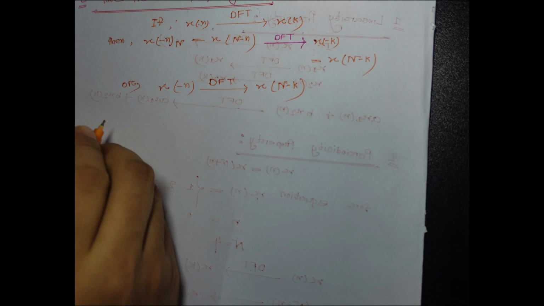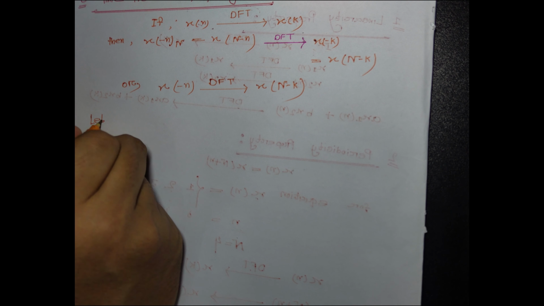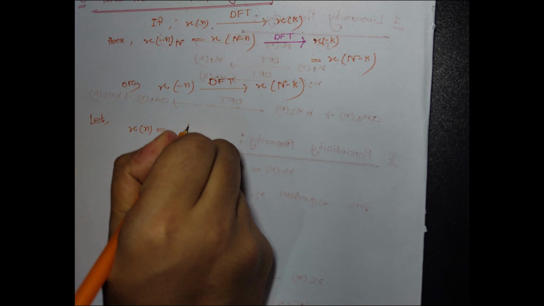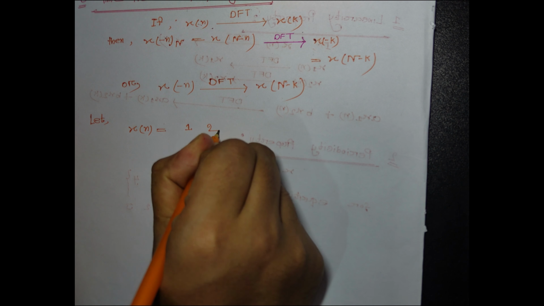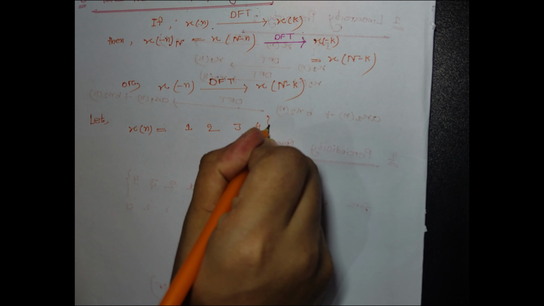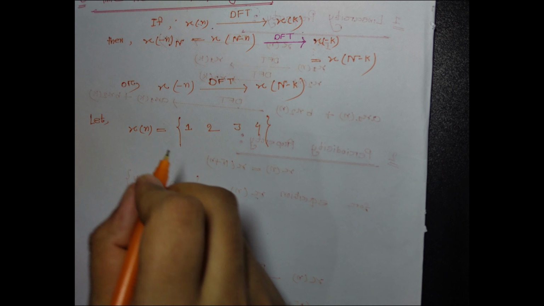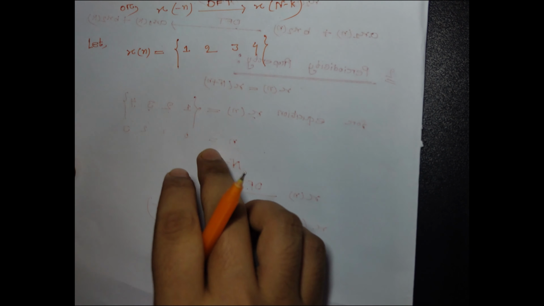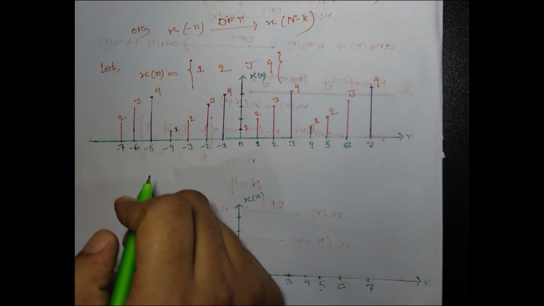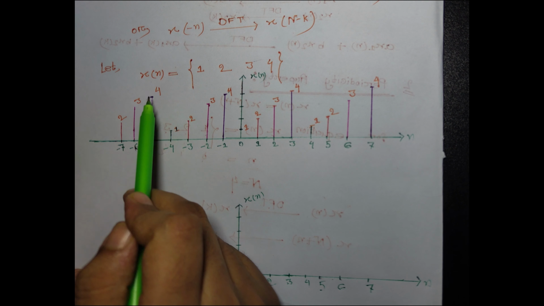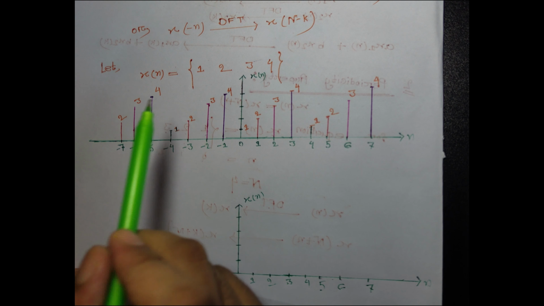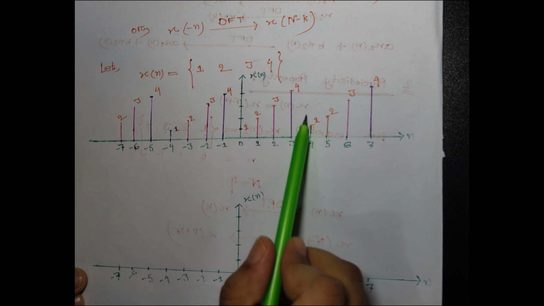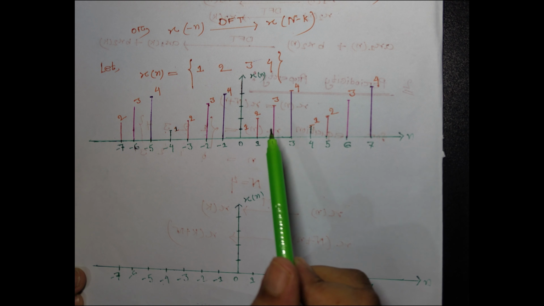Let a function x[n] be 1, 2, 3, 4. This is a periodic function. If we draw this periodic function, we get this figure, this signal.